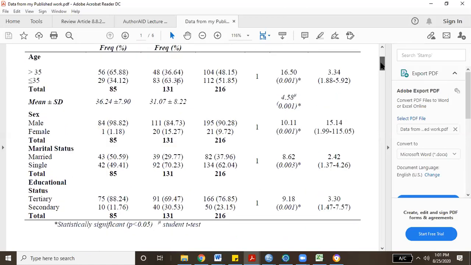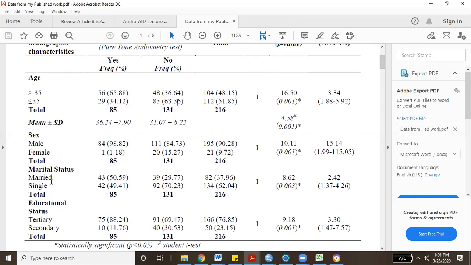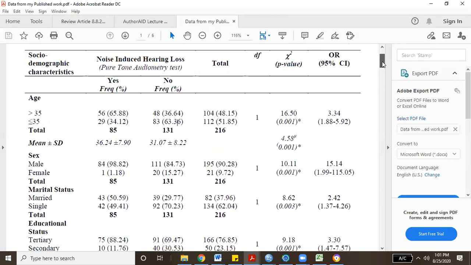Like in my own work, it's looking like those that are married are 2.42 times more likely to have noise-induced hearing loss, when that is not true. The only reason these married people have more noise-induced hearing loss is that the people older than 35 years, who have more noise-induced hearing loss, are most likely married and have finished secondary school, into their tertiary level of education.